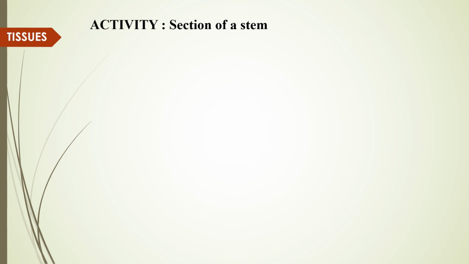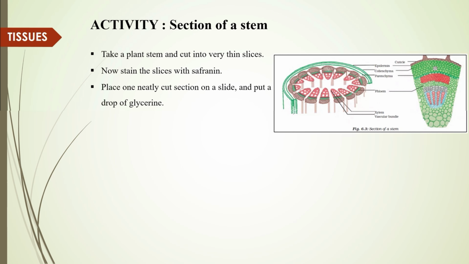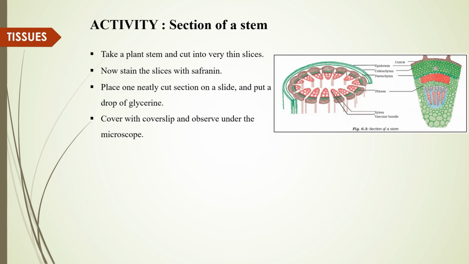Activity: section of a stem. Take a plant stem and cut it into very thin slices. Now stain the slices with safranin. Place one neatly cut section on a slide and put a drop of glycerin. Cover with a cover slip and observe under the microscope. We observe various types of cells and their arrangement.